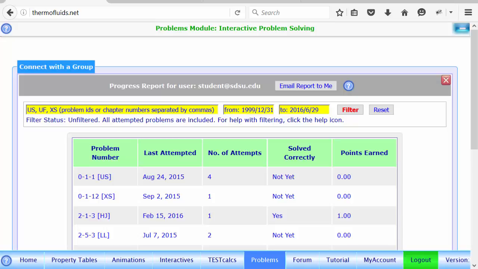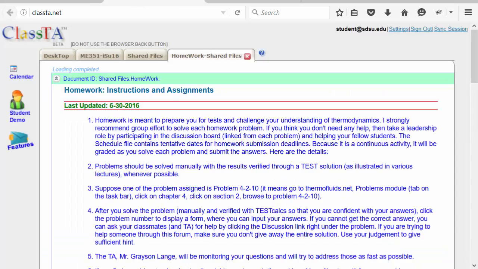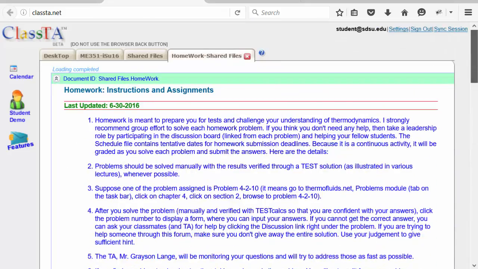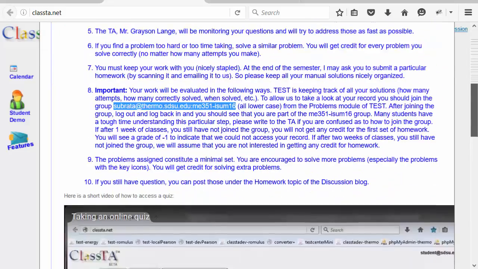All you have to remember, go to classta.net, find that homework file. All the homework is listed at the bottom, and even this particular video I'm making right now will be embedded here.